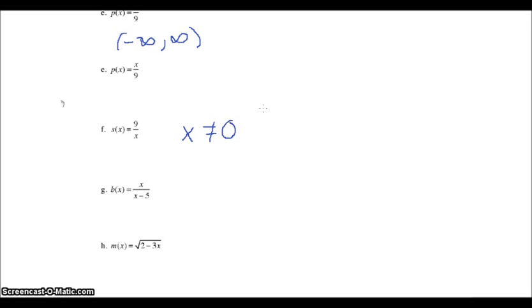So you could say your domain is all real numbers except 0, or you could use the interval notation. This symbolizes all real numbers except 0, or you could use the set builder notation. Just the set of all x that are real numbers such that x does not equal 0.